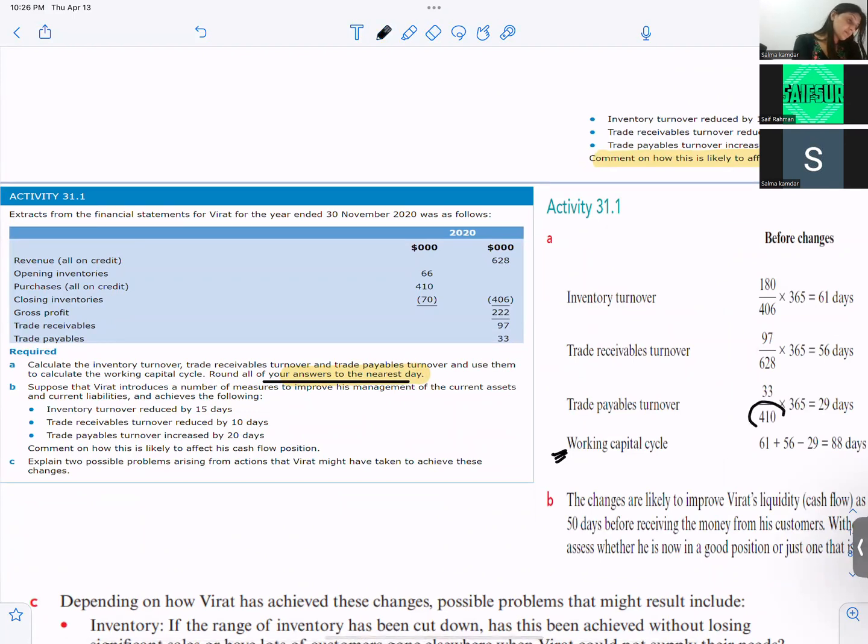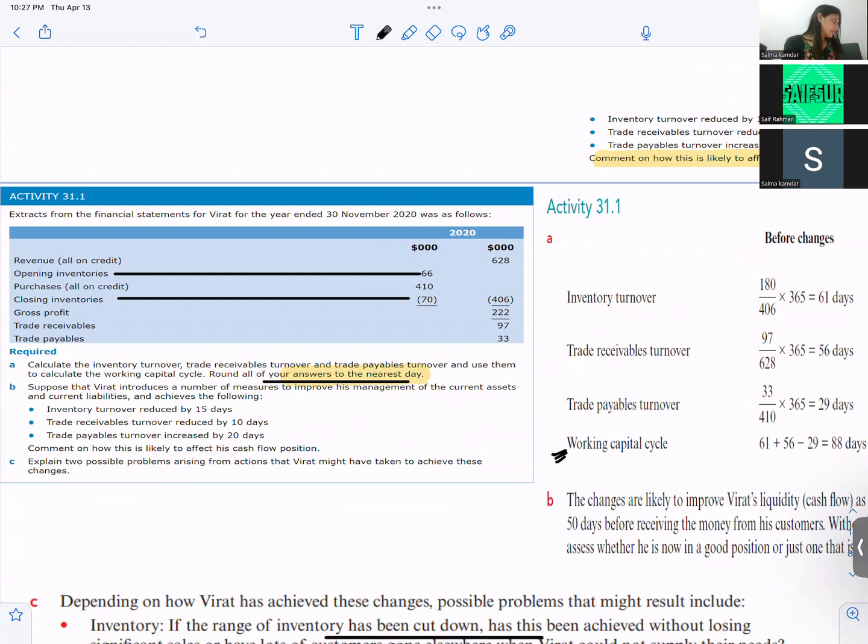We have opening and closing both, so it will be 66 plus 70 divided by 2. You get 68, not 180. How did they get 180?